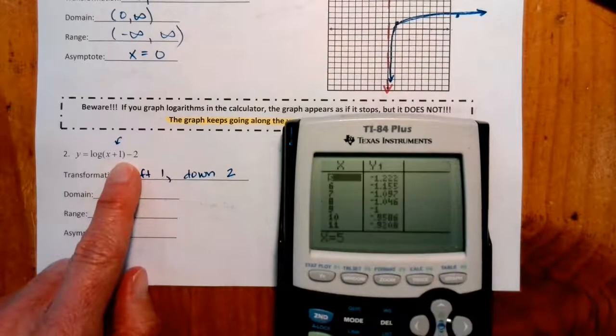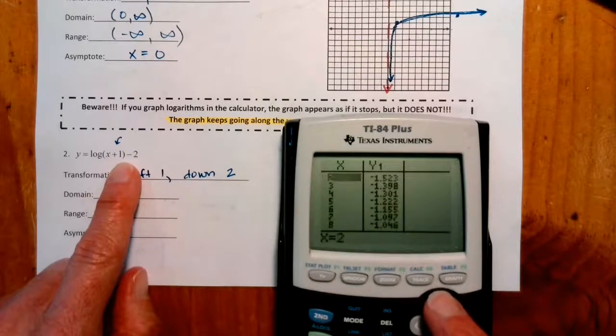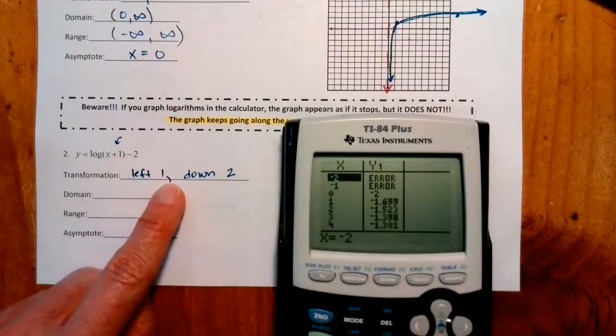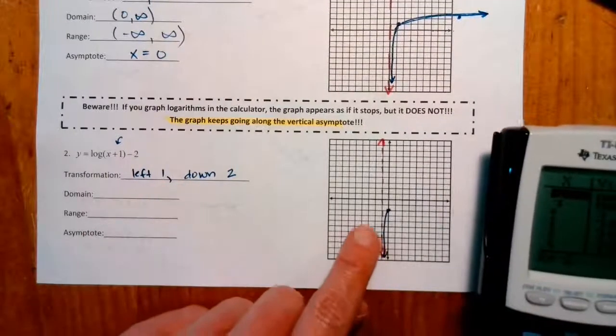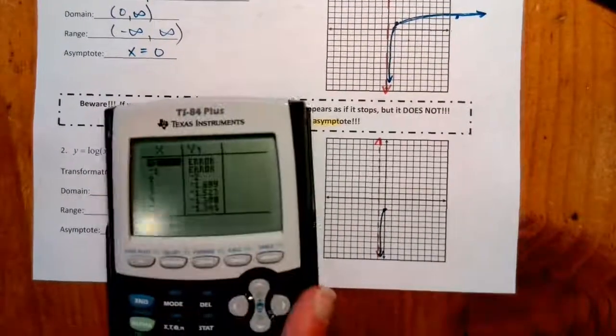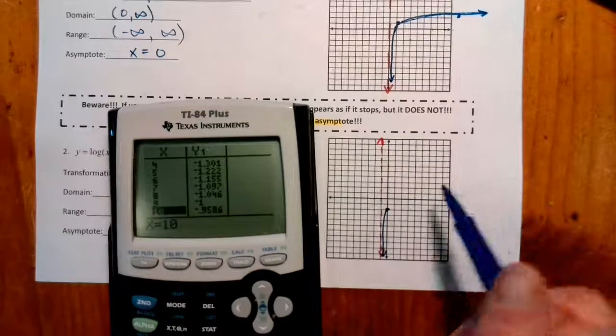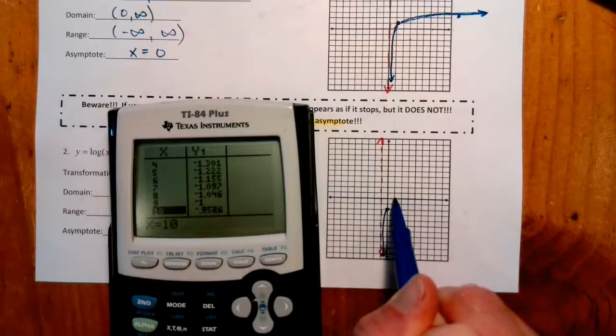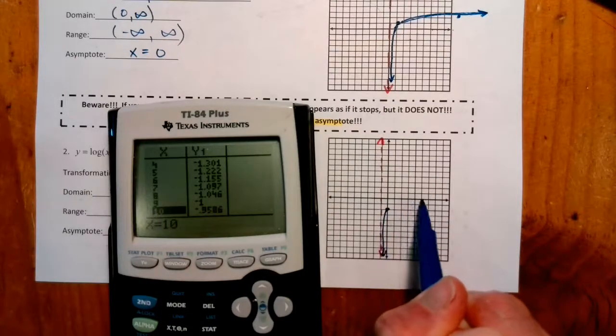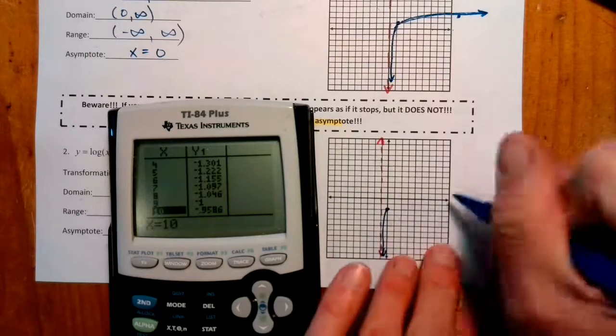Again, I know the tail is there even though I can't see it. I'm going to go to my table of values, and I'll look and see how quickly this graph is growing. Over 0, down 2, that was my first point that I graphed. Now let's see if there's another easy point for me to graph. 9, negative 1. 1, 2, 3, 4, 5, 6, 7, 8, 9, negative 1.